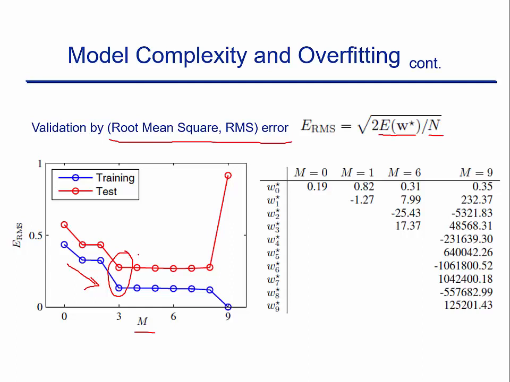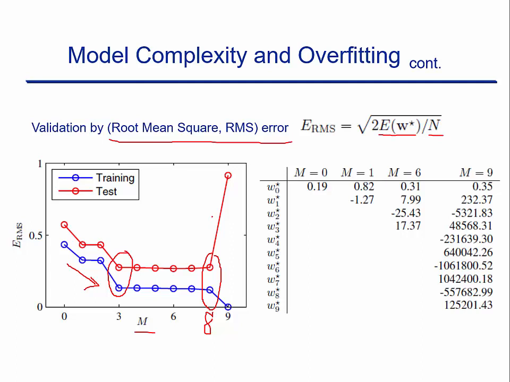There's no obvious improvement in the performance of the model with increasing m. But a more severe problem is that at some point, say m equals 8, even though the performance on the training set improves, the error on the test set increases drastically.